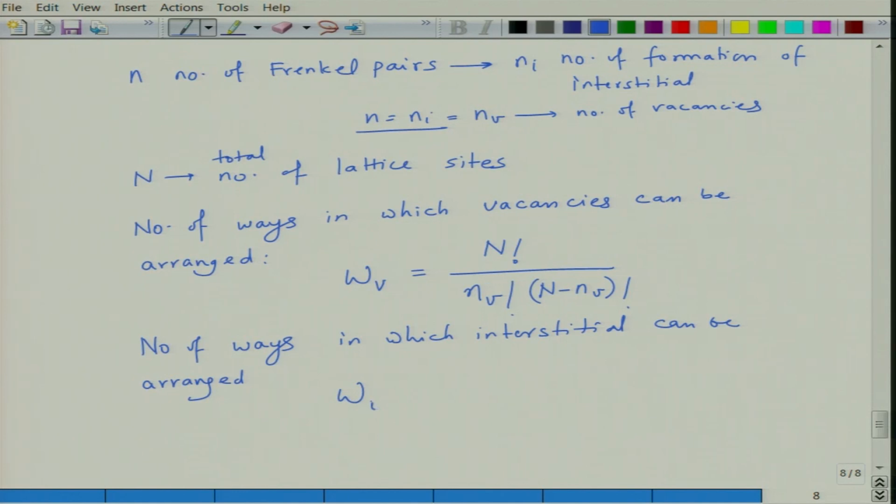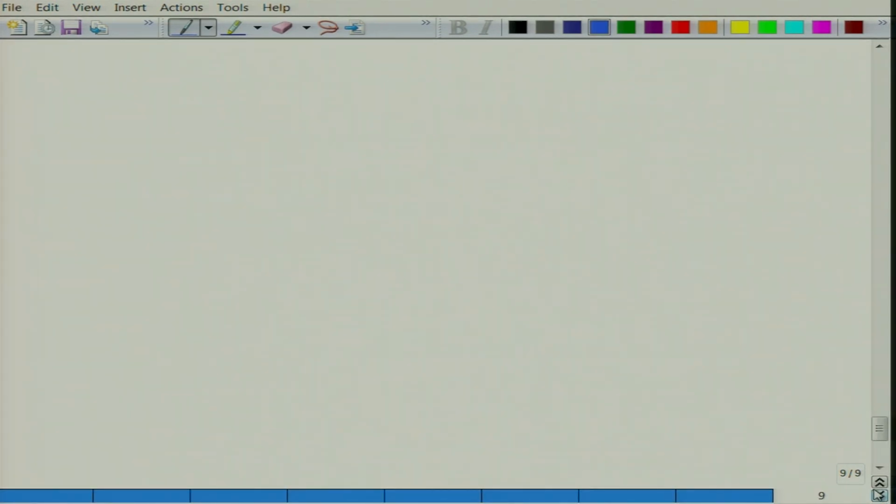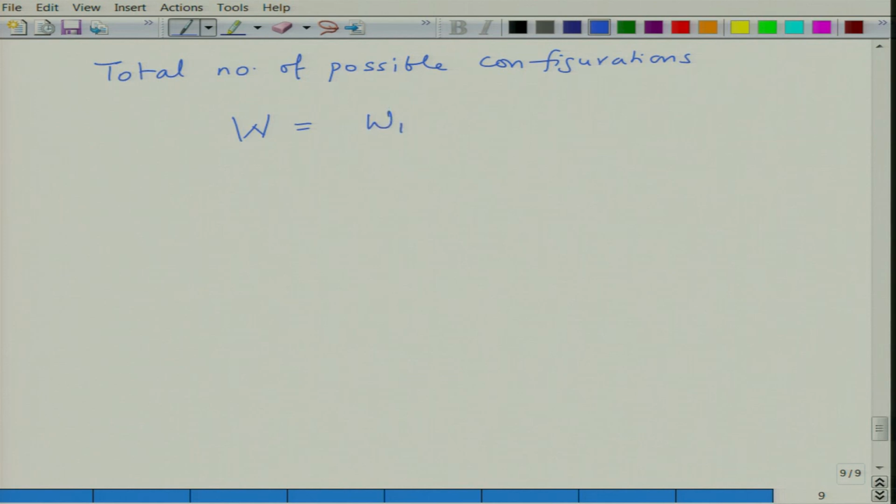That is Wi, and this is equal to factorial n divided by ni factorial, and since ni is equal to nv, the total number of possibilities is W equal to Wi into Wv.